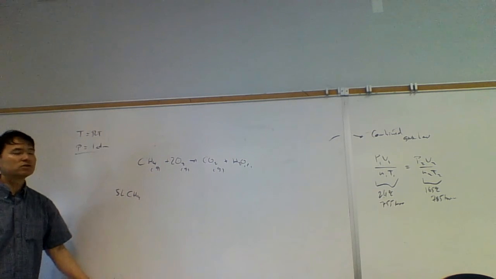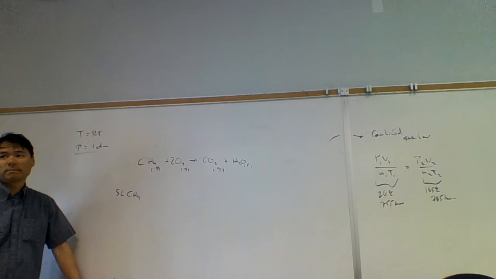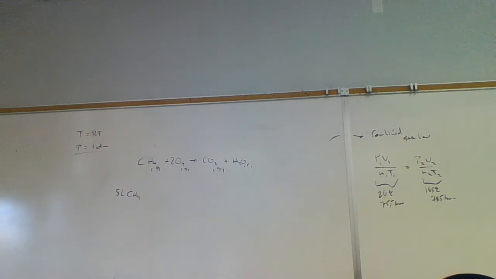How many liters of CO2 will I form? 5 liters. And how many liters of water will I form? No. I'll not form 5 liters of water. I'll form way less. Not even 1 liter of water will form. Why? Because it's a liquid.